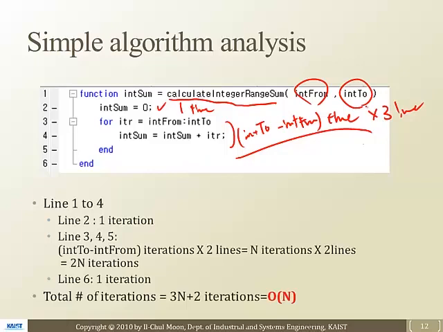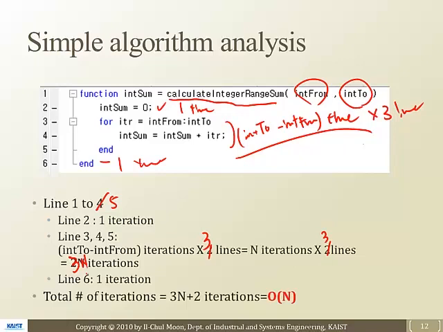We have one instruction that executes one time. So counting n, from line 1 to 5, line 2 is just one iteration. From line 3 to 5, it's going to be 3 lines, so 3n iterations.